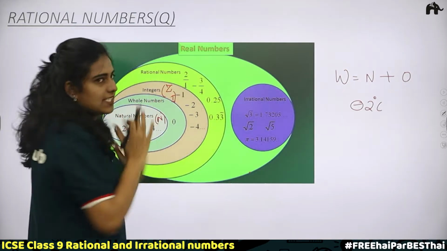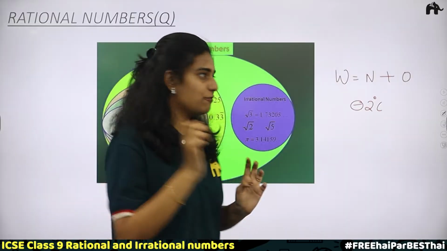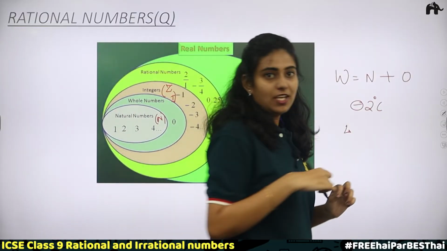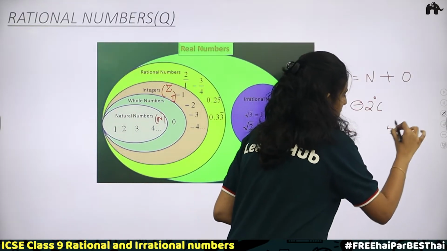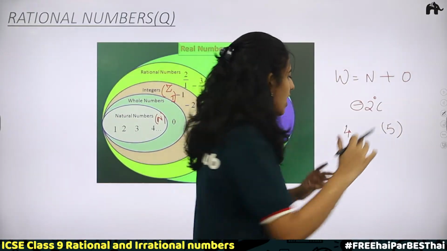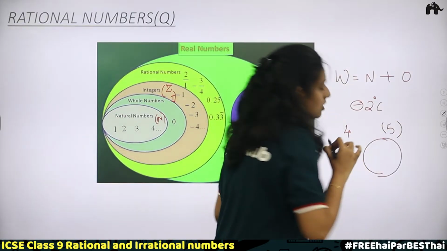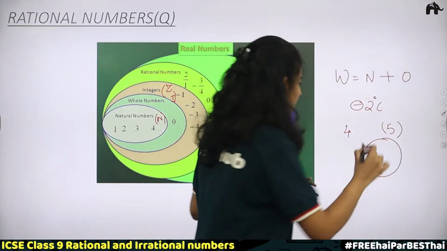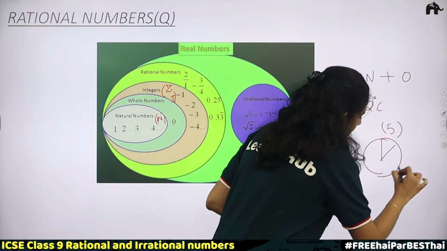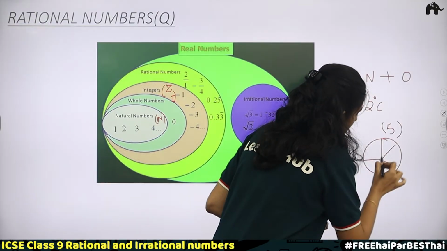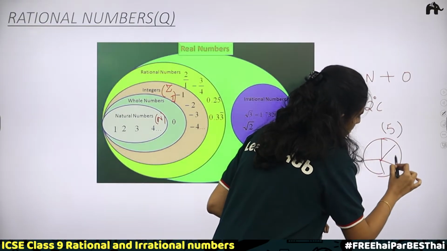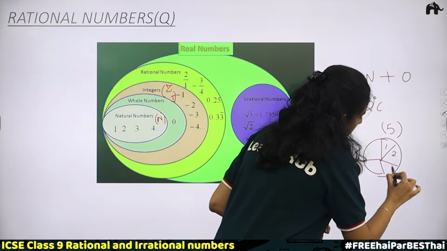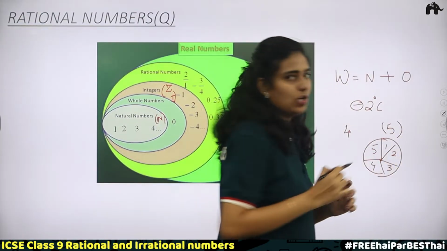Now for example, you take a pizza. You have 4 friends. Including you, there are 5 members. You have to divide this pizza into 5 equal parts. What can be done? You will divide it such that each of them gets an equal share. 1, 2, 3, 4, 5. 5 equal pieces.